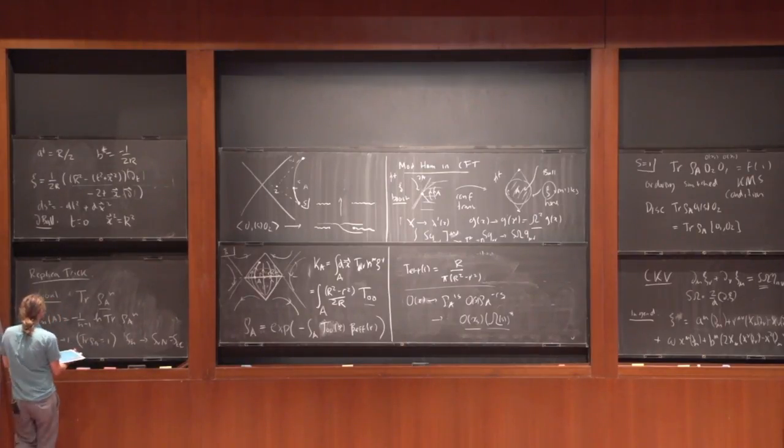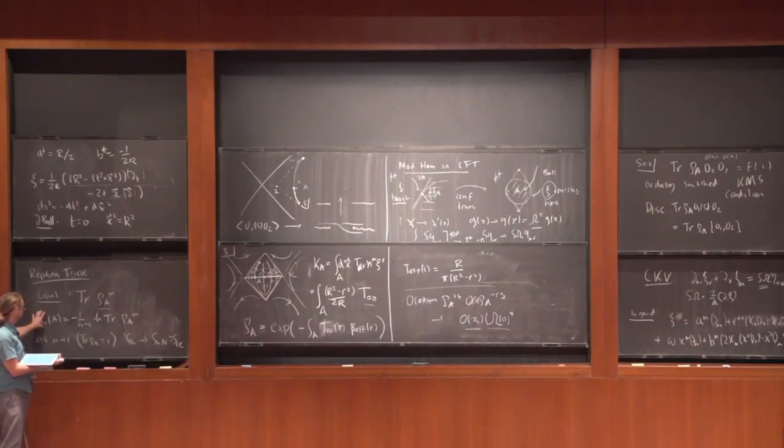And so, you can think of this as some intermediate step. So you're trying to calculate this, and then if you can take this limit, you can compute the entanglement entropy. But these are also interesting objects in themselves.